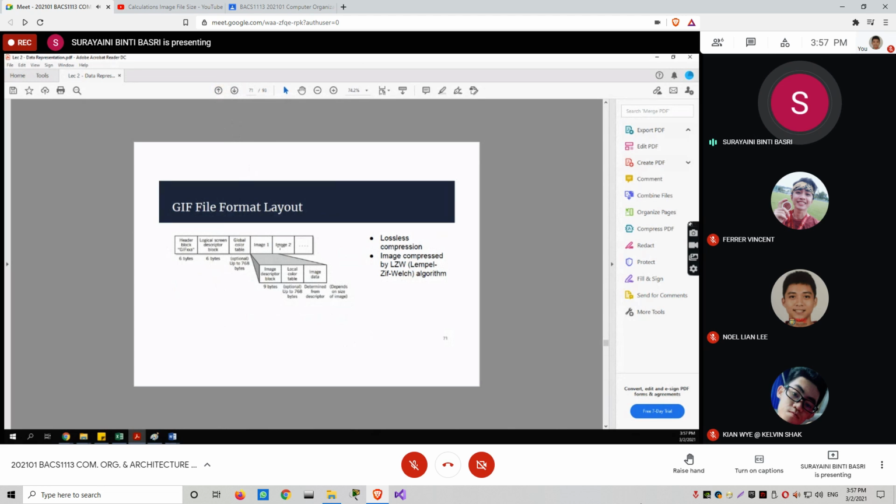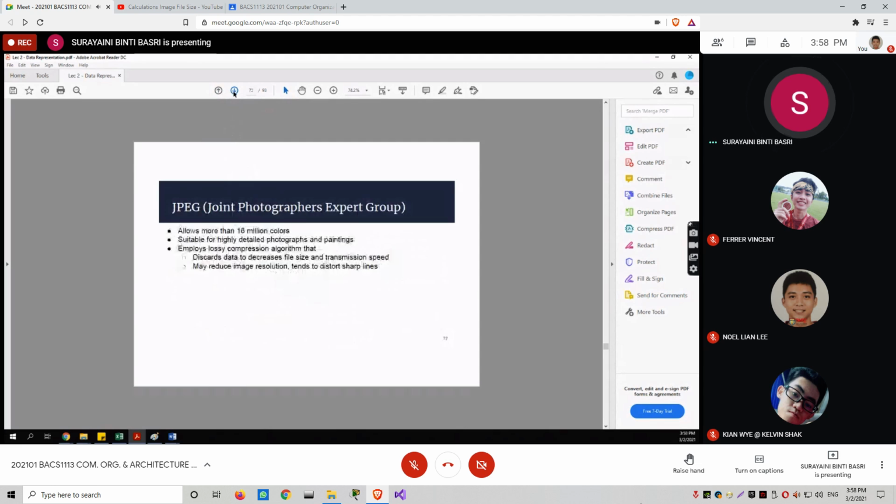And then image 2 will also have the same blocks here, same as image 1. Okay, so this is how the GIF file format is stored in the system, meaning there will be a lot of bytes just to store one GIF image.